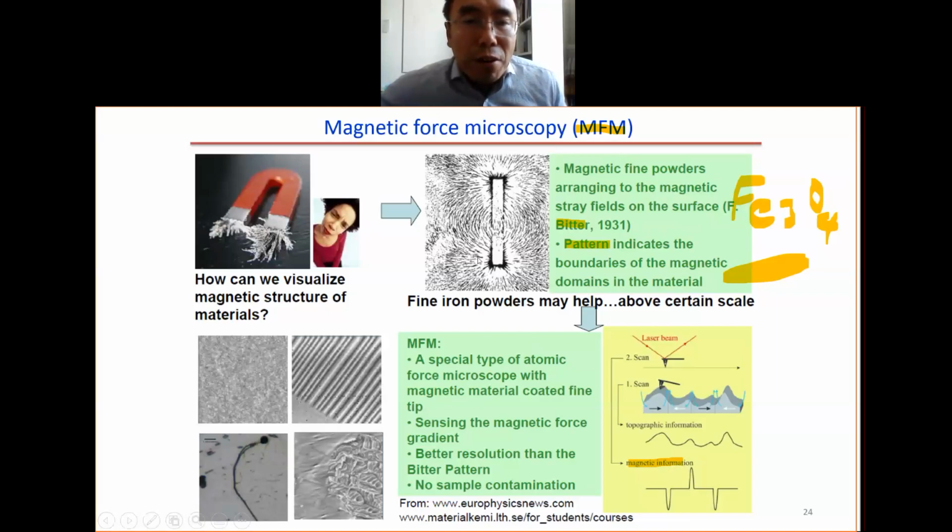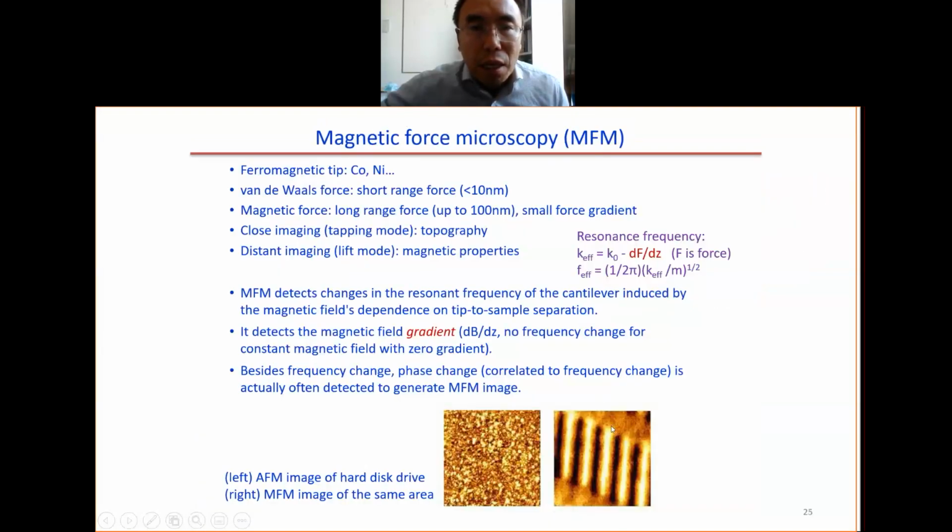To get very high resolution, people use MFM. This is the topography image, and this is the MFM image. For the MFM image we measure the force, the magnetic field gradient.